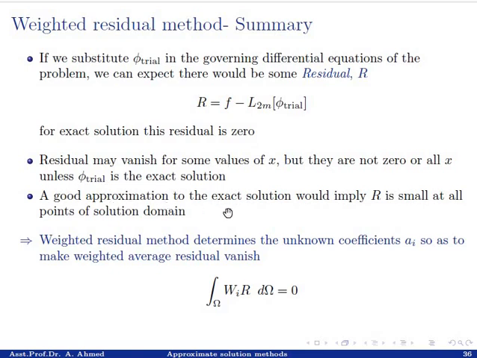A good approximation to the exact solution would imply that R is small at all points of the solution domain. So it means that in an average sense, the sum of all R's must be equal to 0, or the integral of R must approach 0.